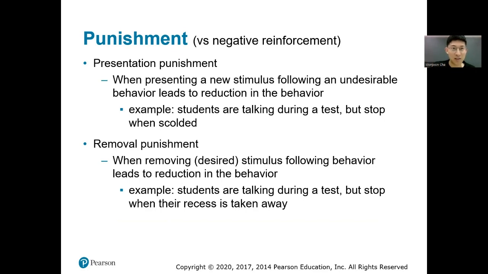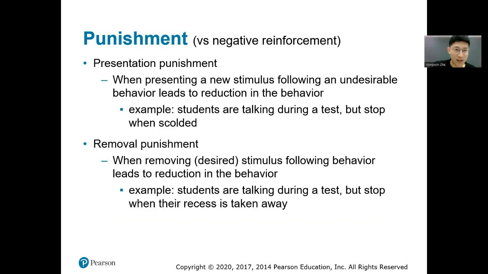Again, punishment is something that decreases the frequency of behavior, so you are presenting probably an aversive stimulus because you want to reduce the frequency of behaviors. For instance, students are talking during a test, but they stop when the teacher scolds, because scolding is usually an aversive stimulus.